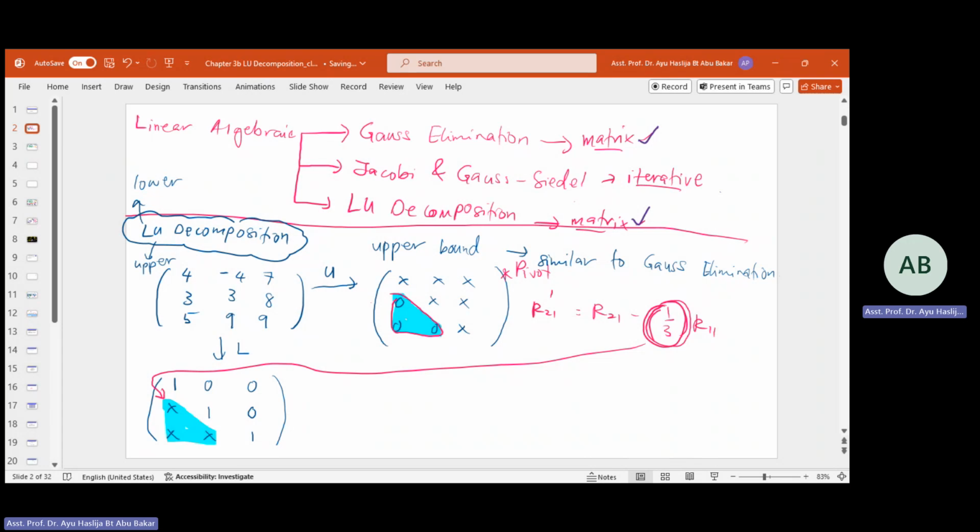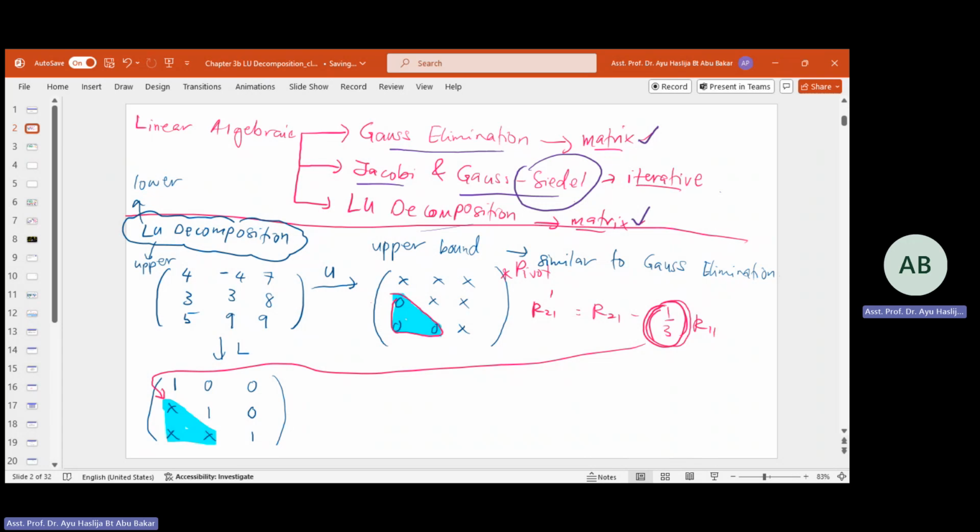You will get the same final answer. It's just that LU is a bit complicated, or rather, it is just expanding from Gauss elimination. For the iteration method, you will have Jacobi and Gauss-Seidel later on. Don't mix up: Gauss-Seidel is an iteration method. Gauss elimination is matrix.